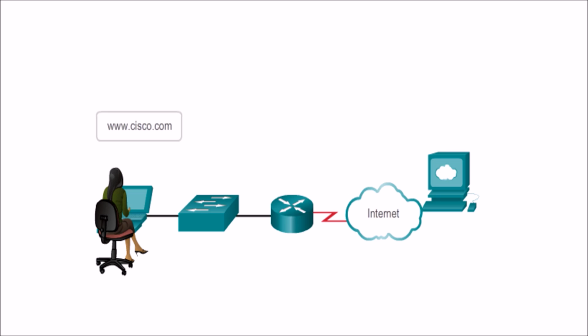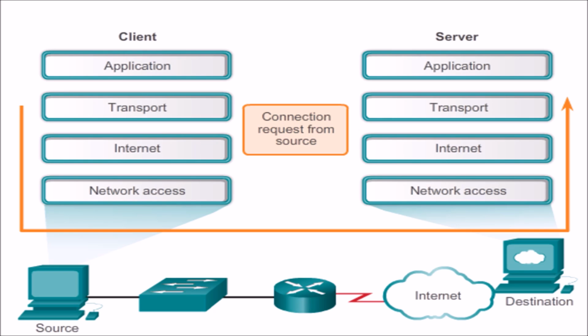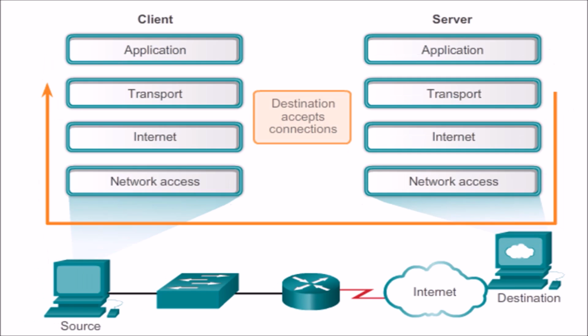After a session has been established and data transfer begins, the destination sends acknowledgments to the source for the segments that it receives. These acknowledgments form the basis of reliability within the TCP sessions. When the source receives acknowledgments, it knows that the data has been successfully delivered and can quit tracking that data.